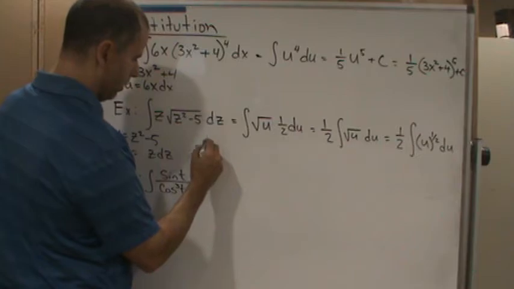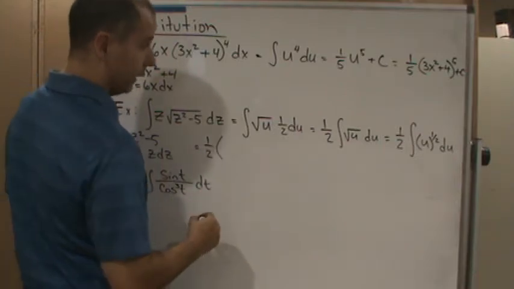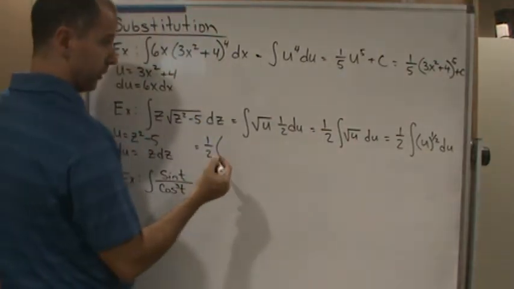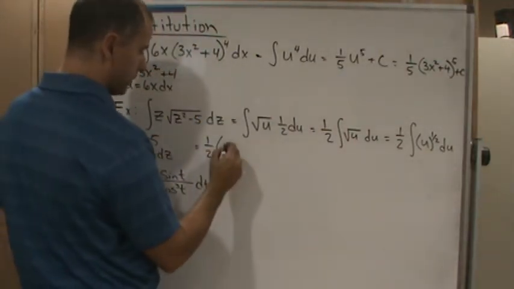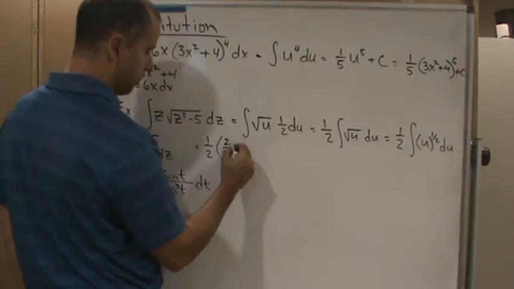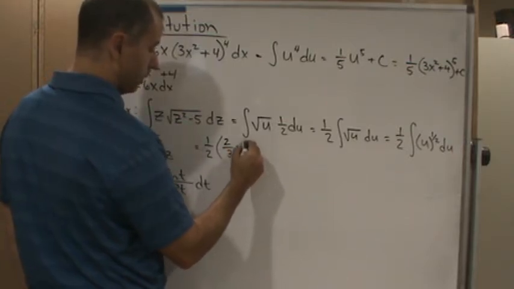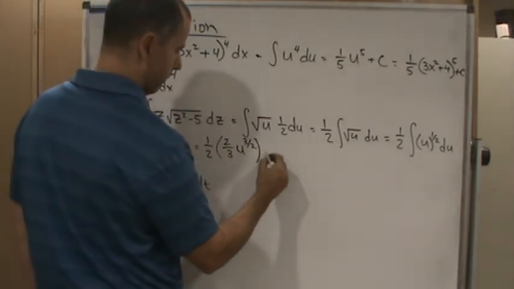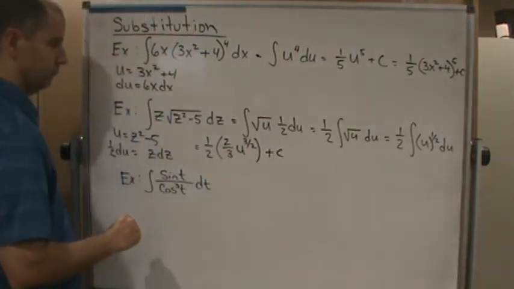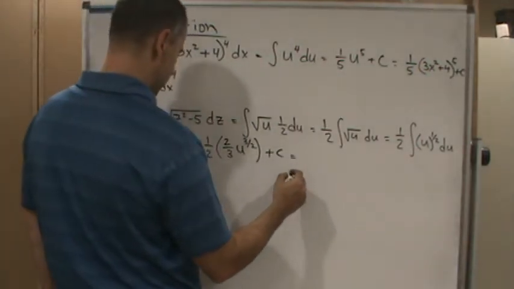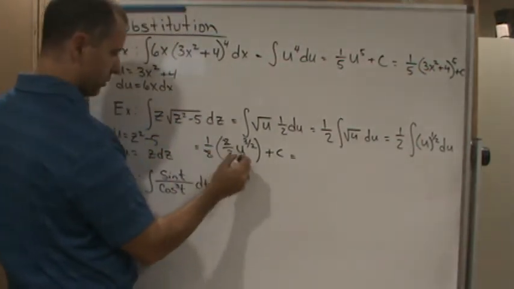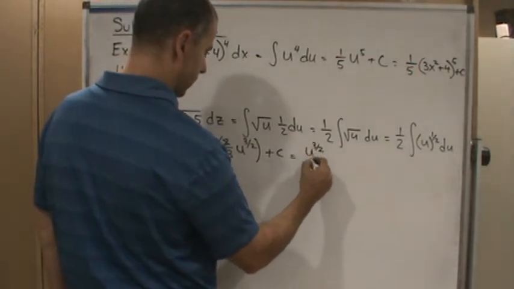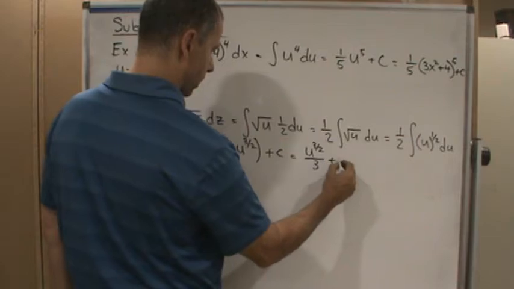I get 1/2 times, well, increase the power by 1, so I get 3/2, multiply by the reciprocal, so that's going to be 2/3, times u to the 3/2 plus c. And so now this cancels with this, and I get u to the 3/2 over 3 plus c.